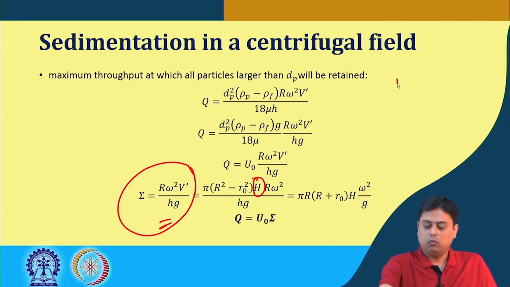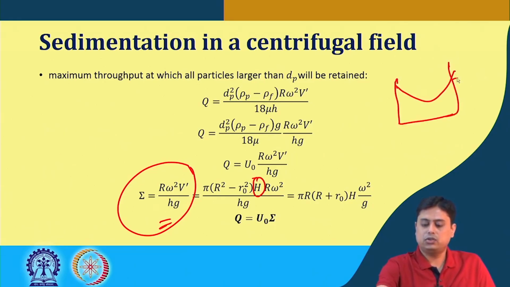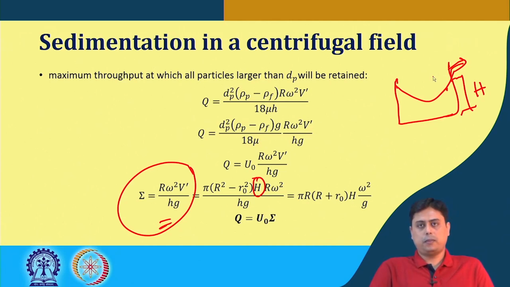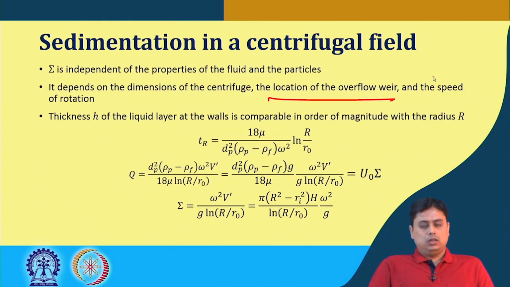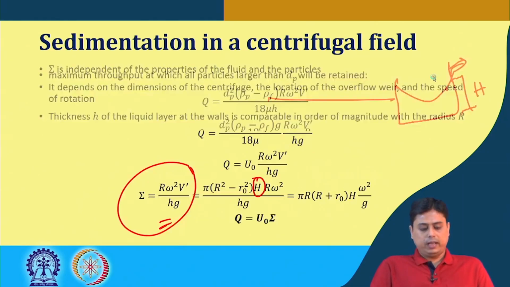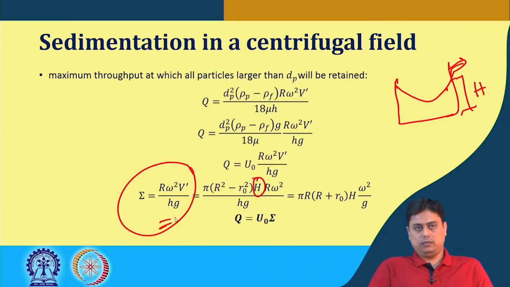That means, once this fine particle, this height h dictates where the overflow should be going out. So, this is the thing that we can calculate here, what is the capacity.